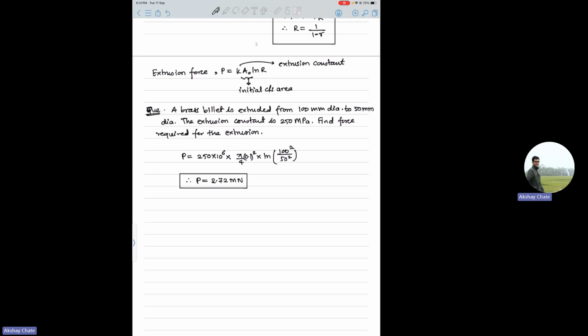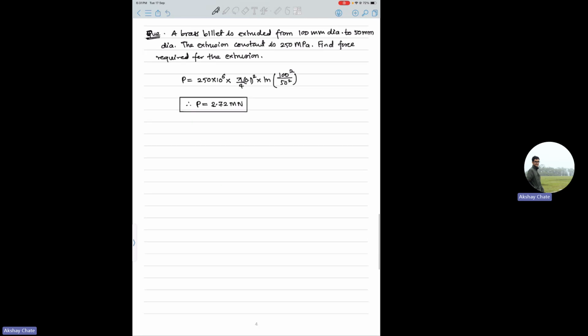Then before moving on to the next one, there are some extrusion defects. Okay. We'll discuss those.